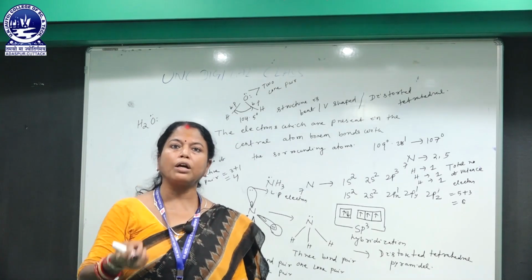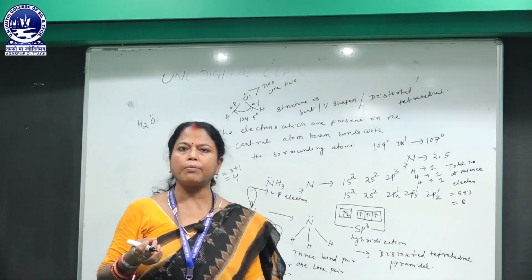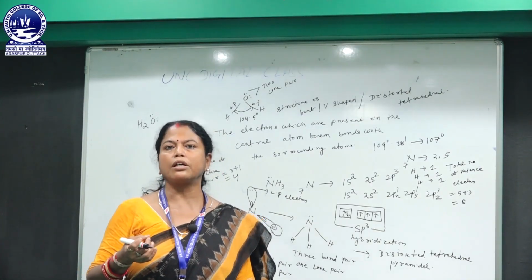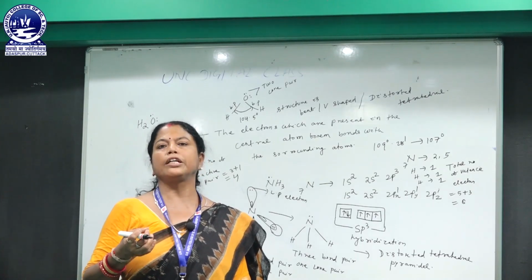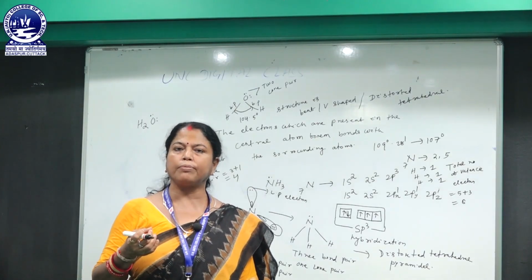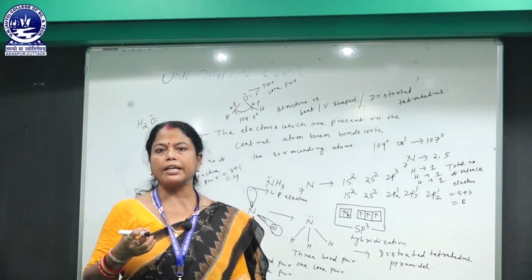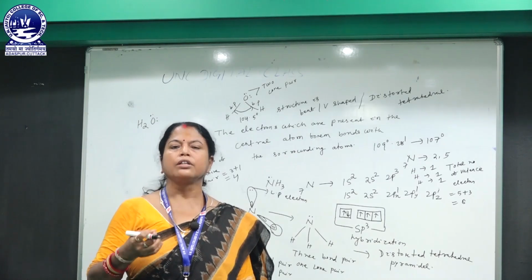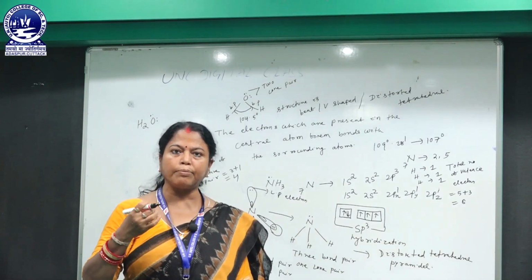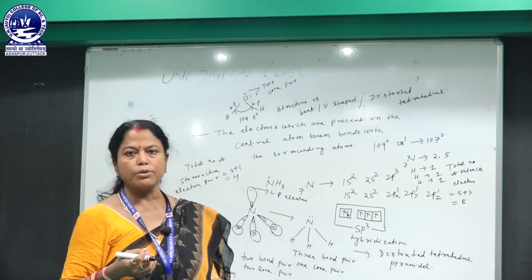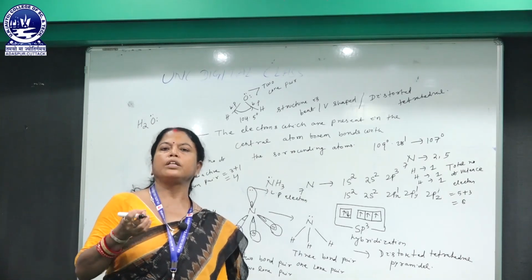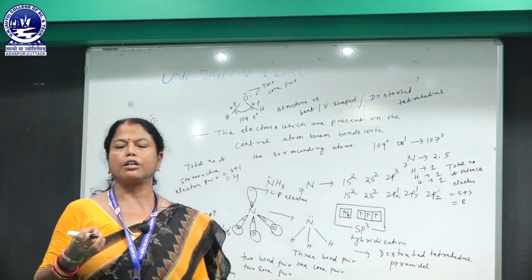So if we go to hybridization, what is hybridization? Hybridization is purely the intermixing of atomic orbitals on a single atom or ion having nearly the same energy to produce a new set of equivalent hybrid orbitals.